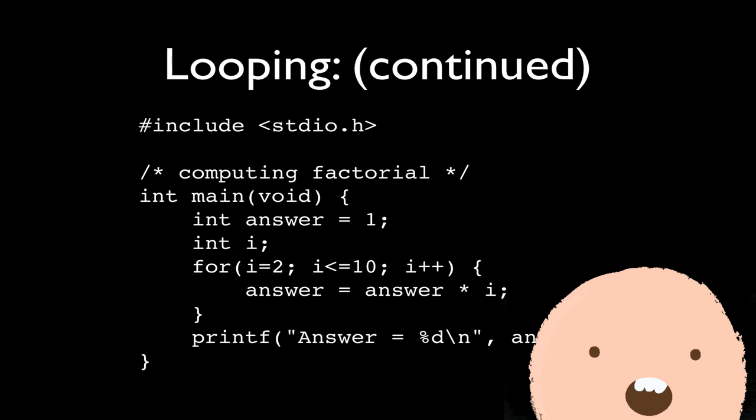In fact, I've rewritten this program to compute the factorial of 10 using a simple for loop. And you'll see the for statement down there starting with the keyword for, and I have a loop control variable I, which I initialize, and I have a condition that checks as long as it's less than or equal to 10, it will keep iterating, and finally my increment statement.